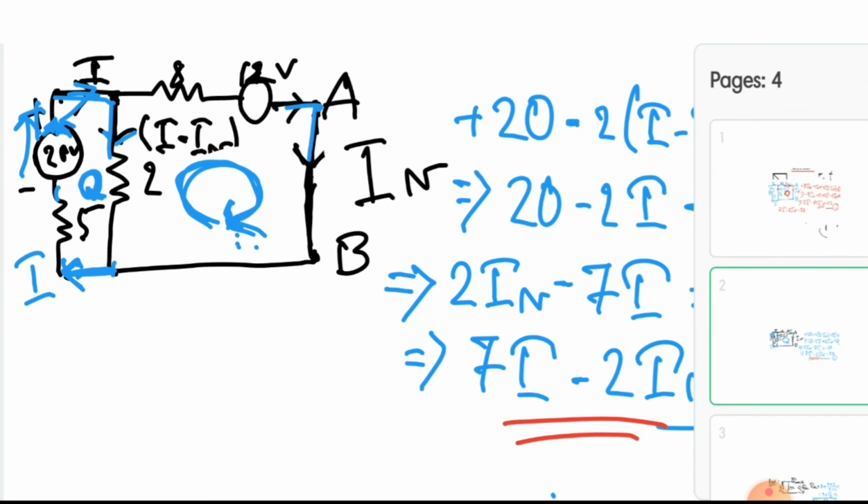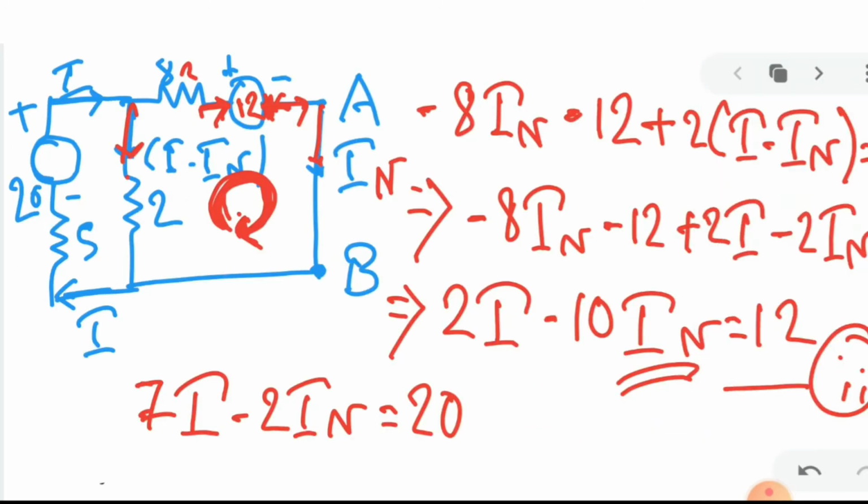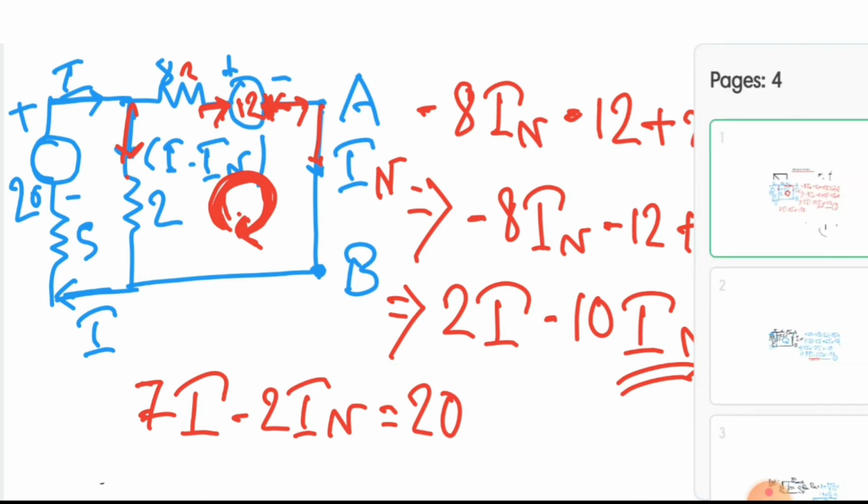Is it right? 7I minus 2IN equals 20. Yes, it is right. So from the equations we need to find the IN. We can eliminate the I easily.